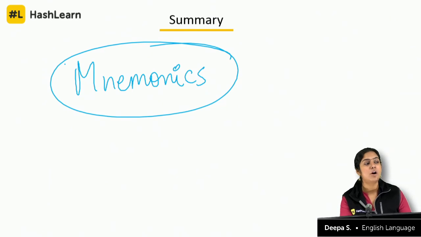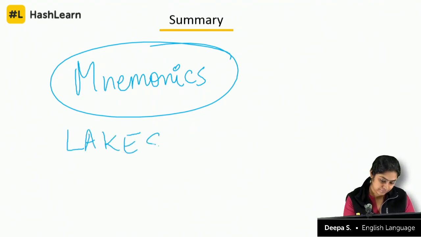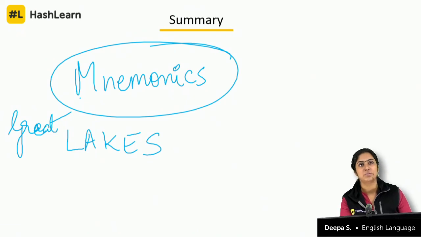Mnemonics are just a personal gimmick to remember a few things. For example, when American kids are studying the Great Lakes, there are 5 lakes, by the way, around the Michigan area, if I remember right.